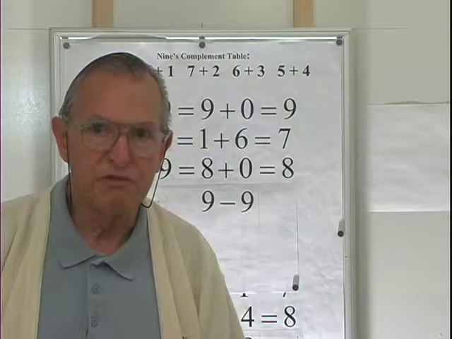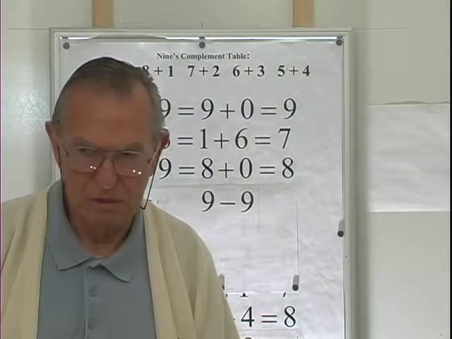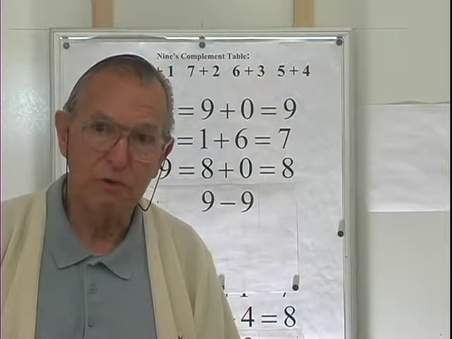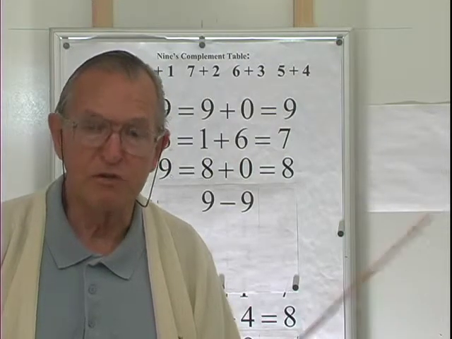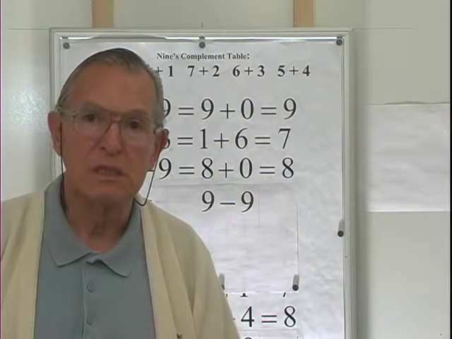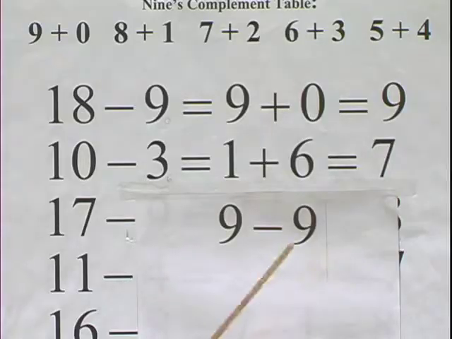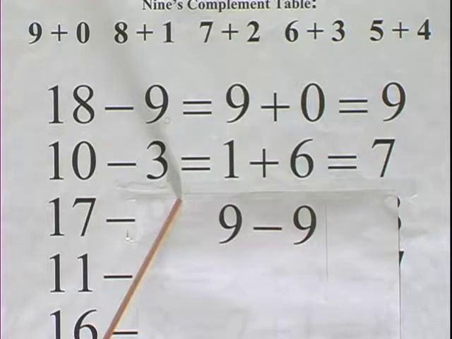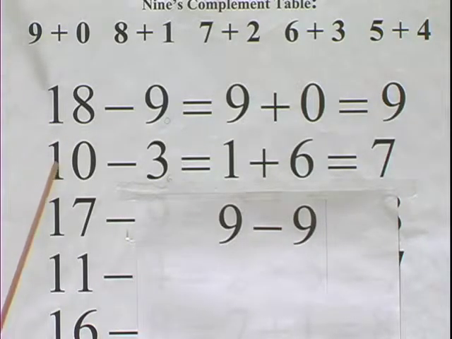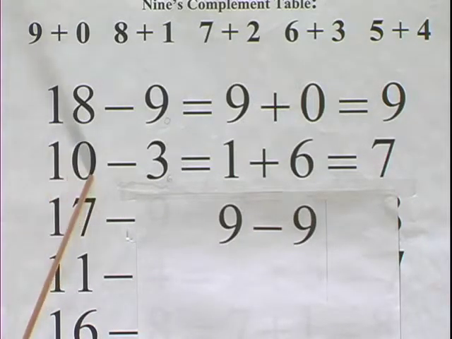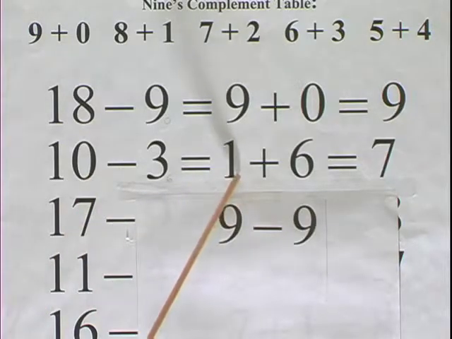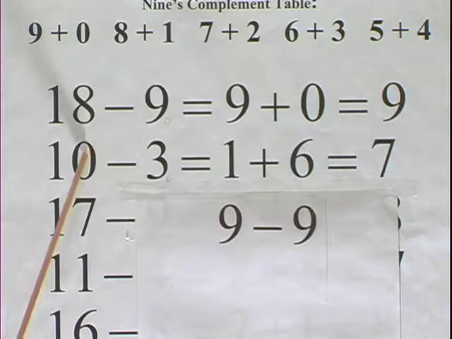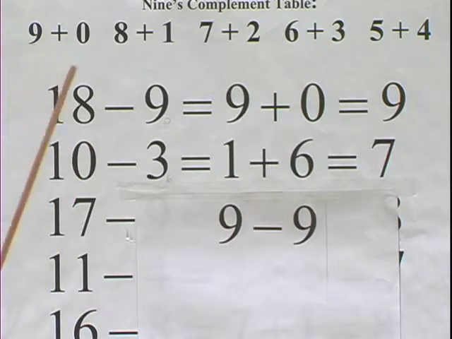Before we get into constructing a subtraction table, I would like to review why the special case algorithm is accurate. We have 10 subtract 3. I'm going to add the numbers in the minuend, 1 and 0, I get a 1. If I add 9 to that 1, I will get a 10.